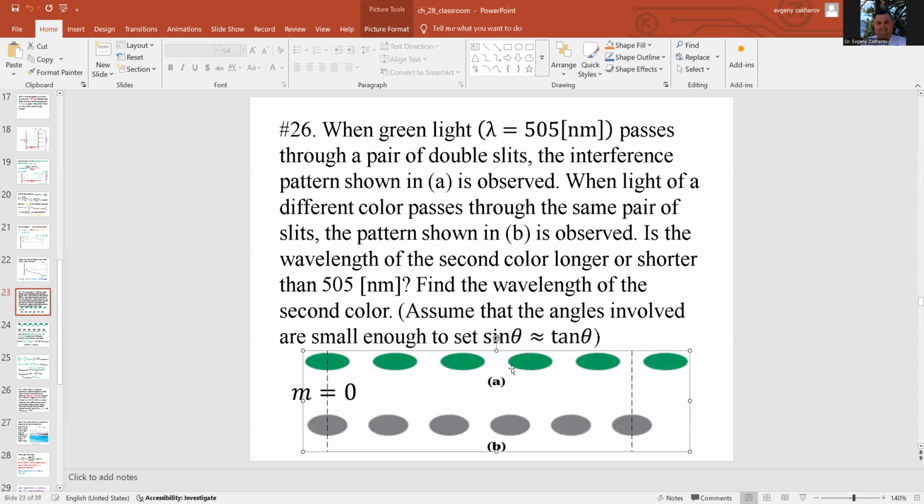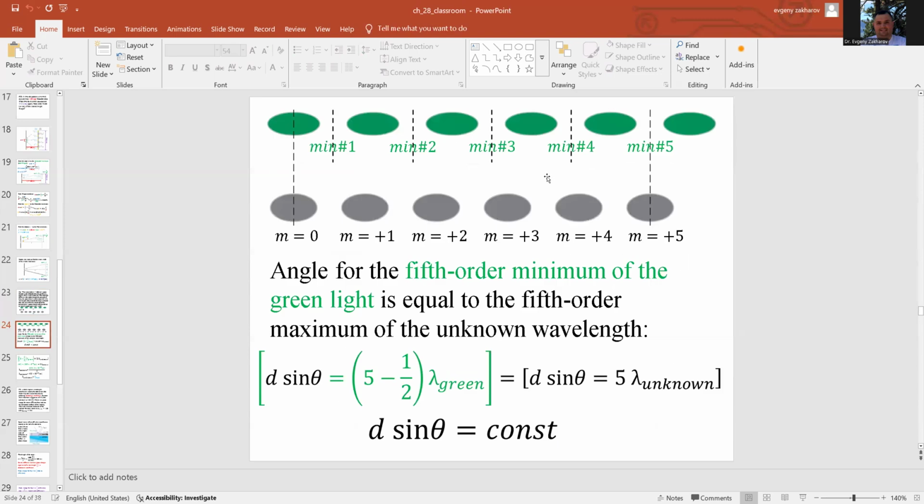So using the interference pattern, you can really answer all the questions about what kind of light that is, what's the wavelength, what's the frequency. We solved for frequencies before. Now it's just the wavelength. And once again, two conditions, one for the bright fringes, one for the dark fringes, and just look closely at what's given for the number, what kind of number of the minimum or maximum that is.